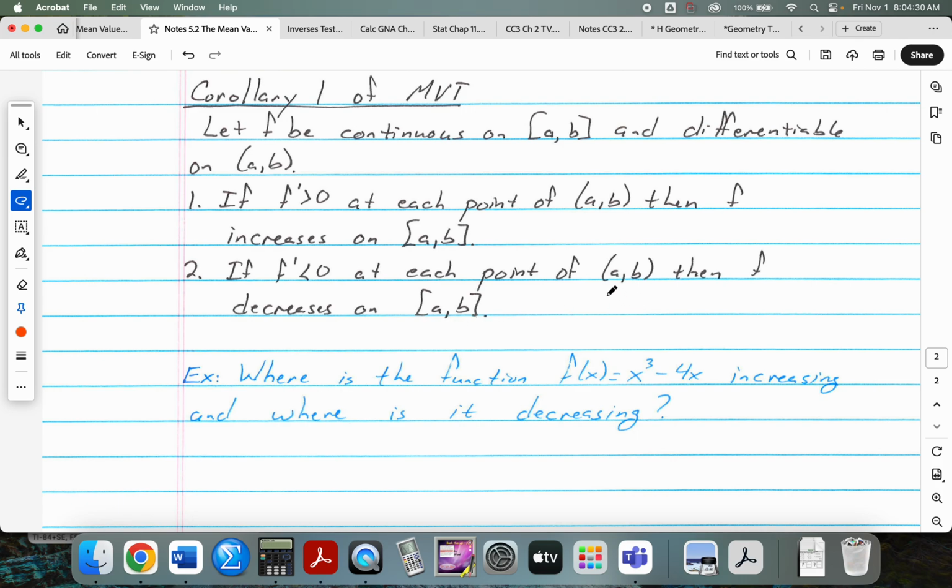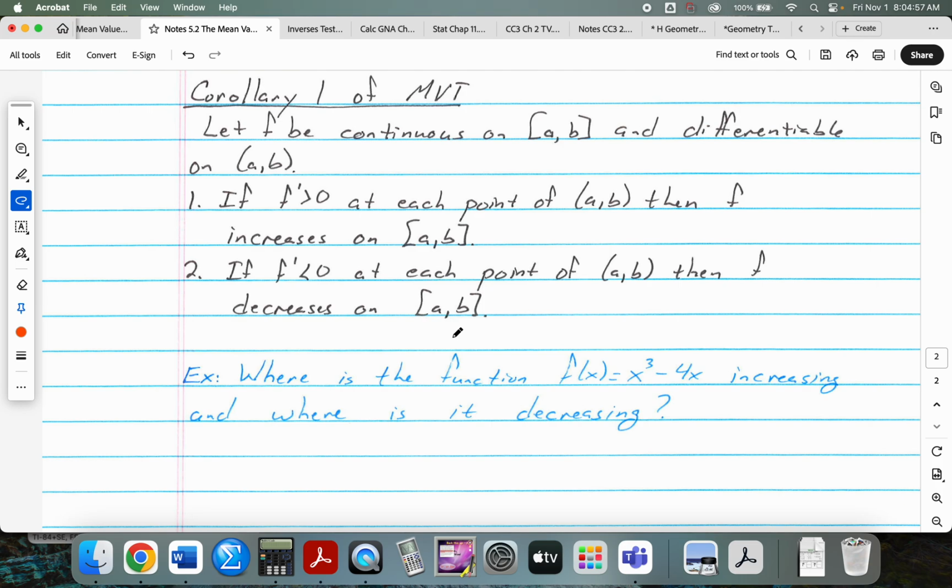So you may be like, why do we do this open interval, closed interval thing? Well, what's going to happen is, in most cases like this, we're going to find that the derivative is equal to 0 or doesn't exist at a or b. But that doesn't exclude it from our interval of increasing and decreasing.